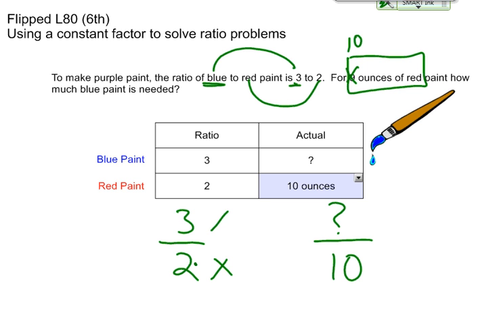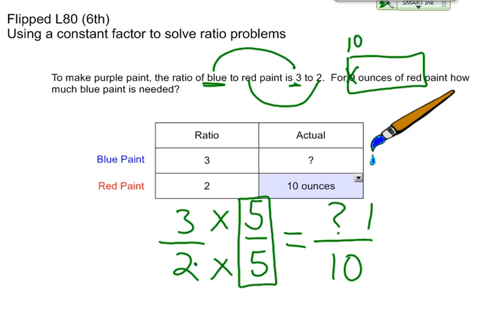You're going to multiply by, just as our lesson says, a constant factor. Basically we're multiplying by the number 1. So 2 times what equals 10? 5, duh, I just said it. And of course we want to multiply by 1 so we're not changing the value, so that's 5/5, which is really the idea of 1.